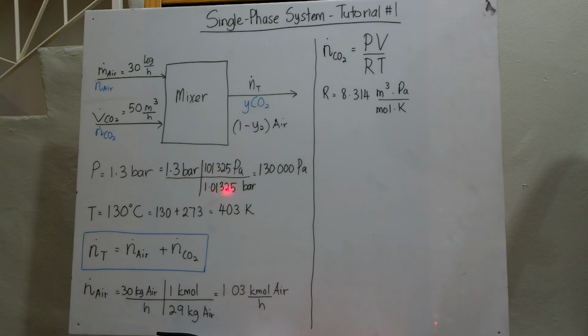We get that 1.3 bar is actually 130,000 Pascal. For temperature, because our gas constant requires Kelvin, we have to convert from Celsius to Kelvin, so we obtain 403 Kelvin.